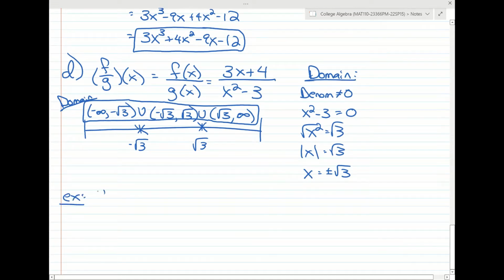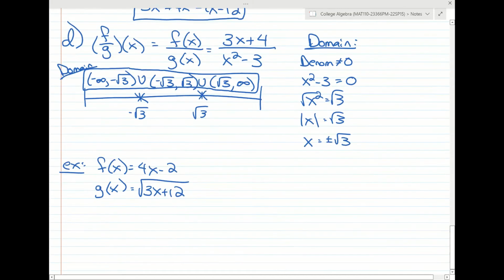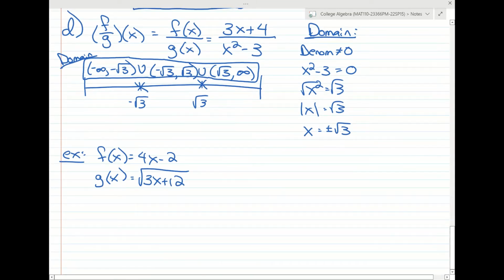What about if f of x was 4x minus 2, and g of x is the square root of 3x plus 12? Do the same thing we just did, but with different functions.